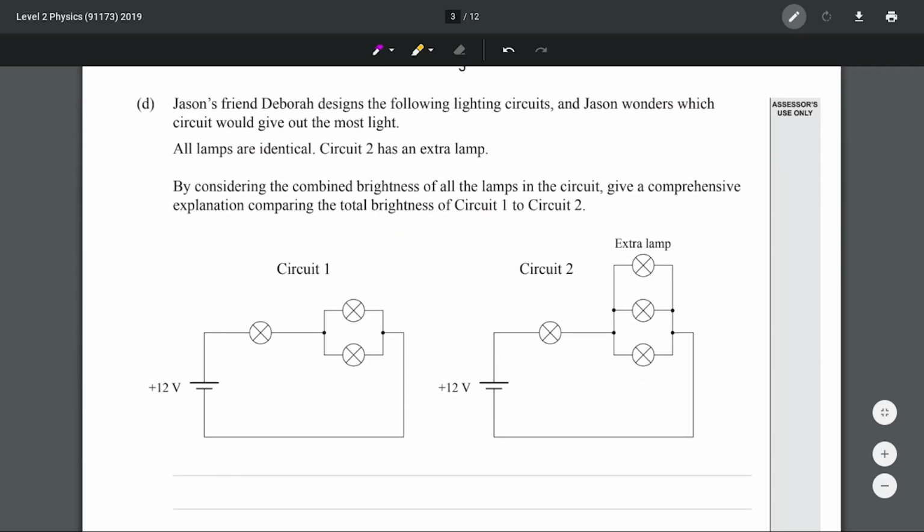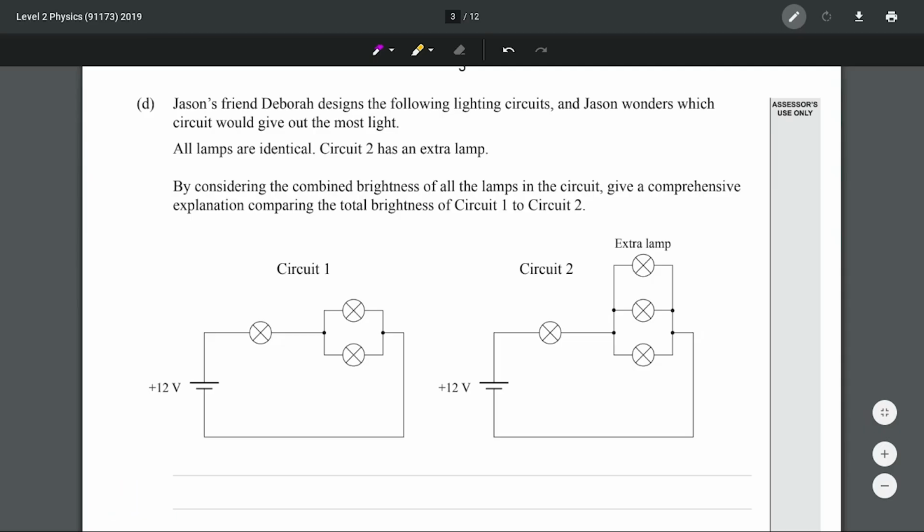Jason's friend Deborah designed the following lighting circuits, and Jason wonders which circuit would give out the most light. All lamps are identical, but circuit 2 has an extra lamp. By considering the combined brightness of all lamps in the circuit, give a comprehensive explanation comparing the total brightness of circuit 1 to circuit 2.